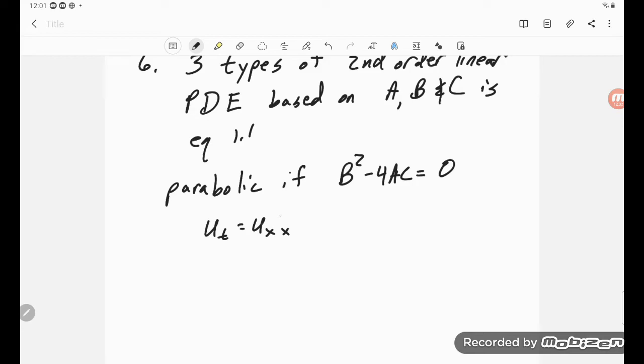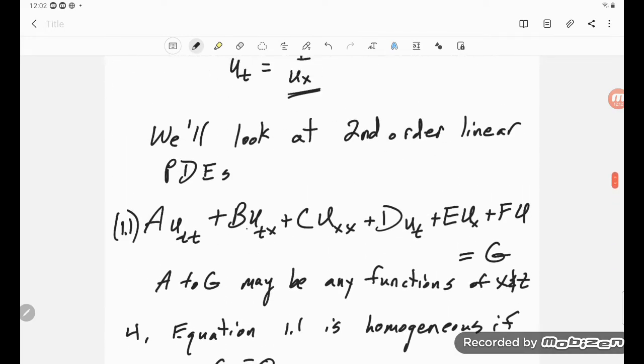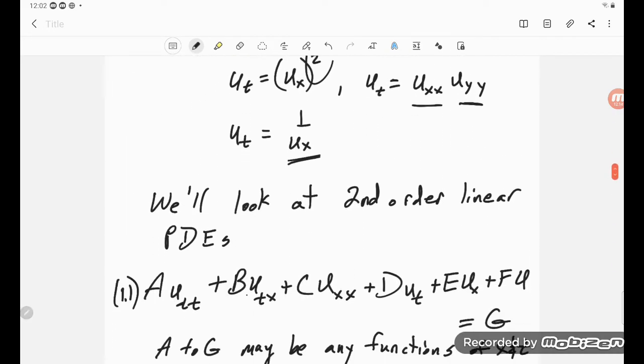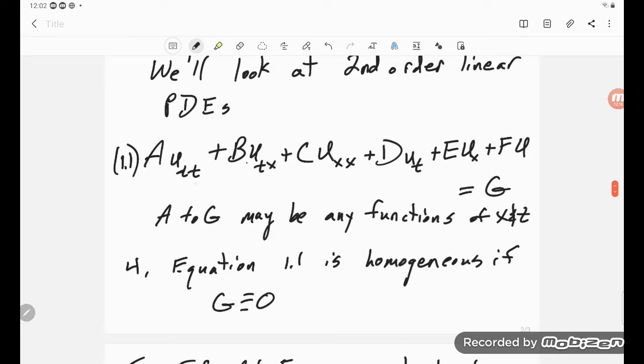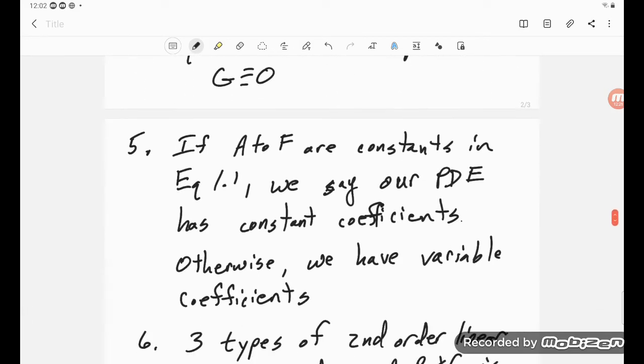it doesn't really matter whether we call the coefficient here on the u_xx either A or C. The way I did it up here in 1.1, it would be C. But of course, there's nothing that says I couldn't switch the x's and the t's there.